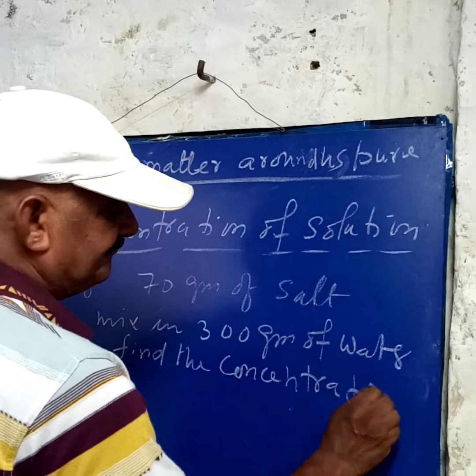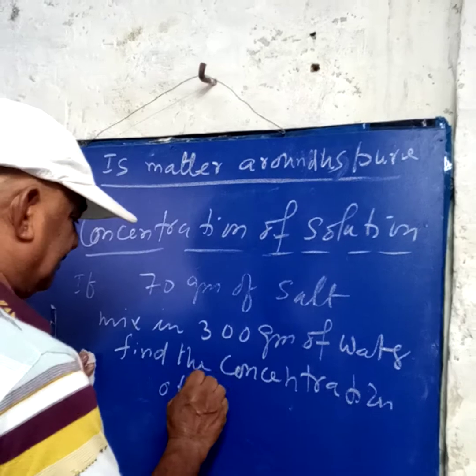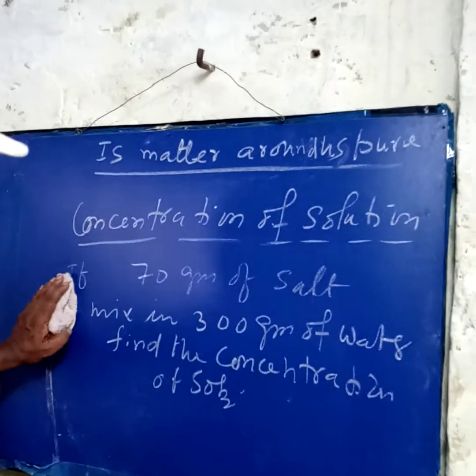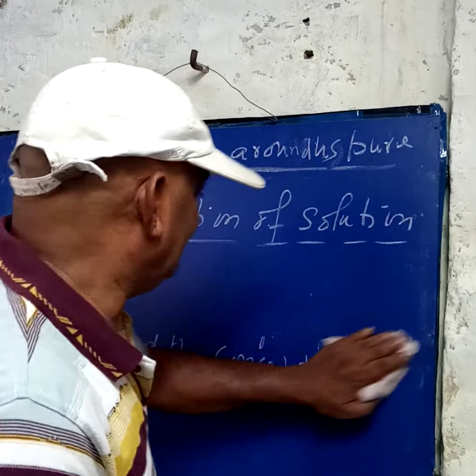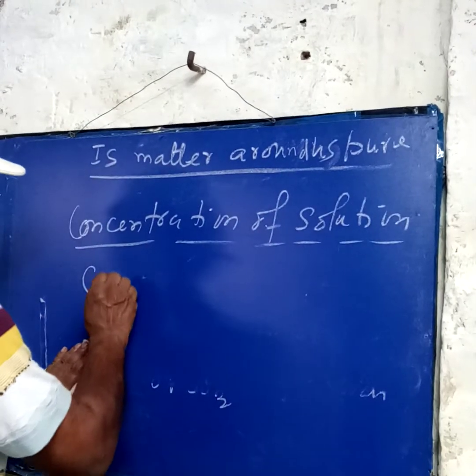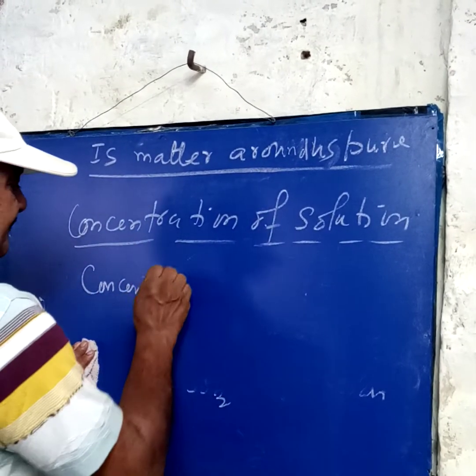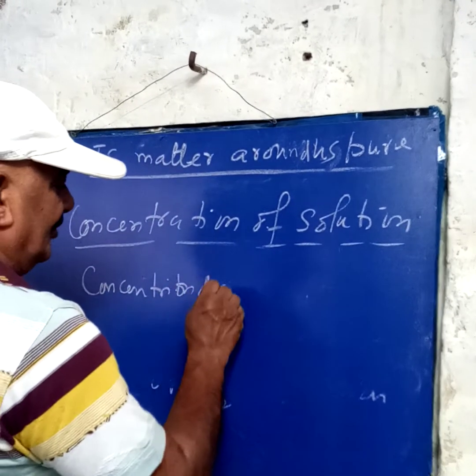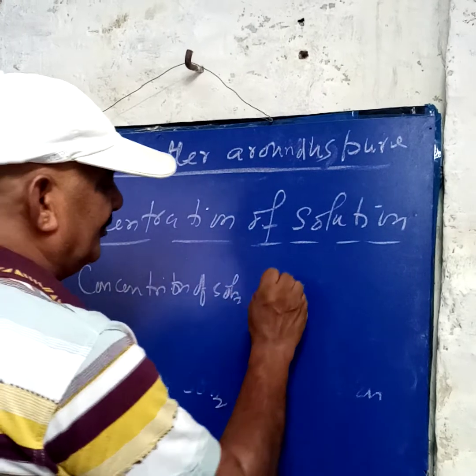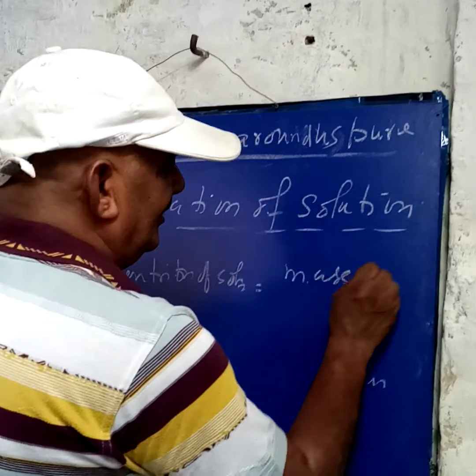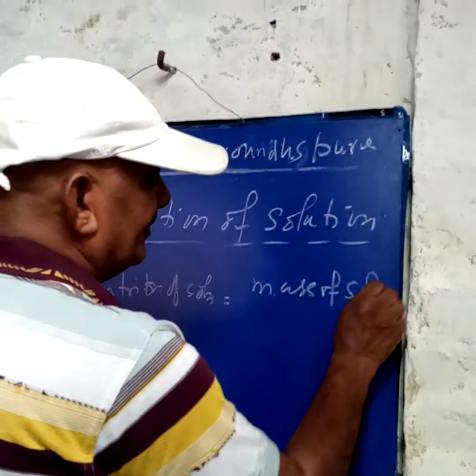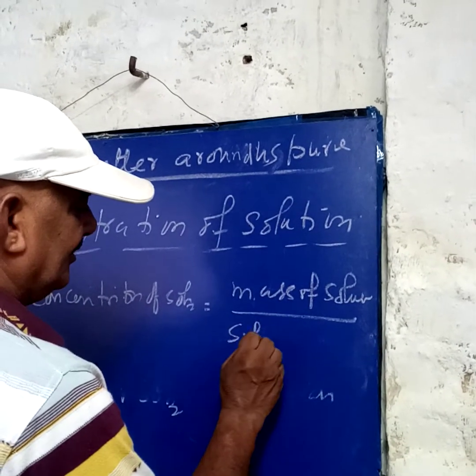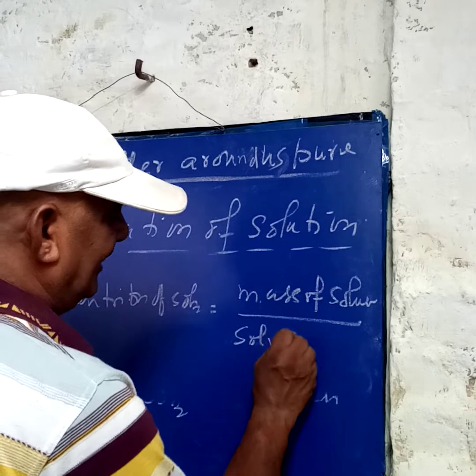Concentration of solution. You know it, then how will you do it? Concentration of solution is mass of solute by mass of solution.